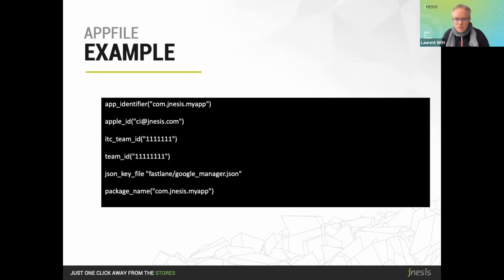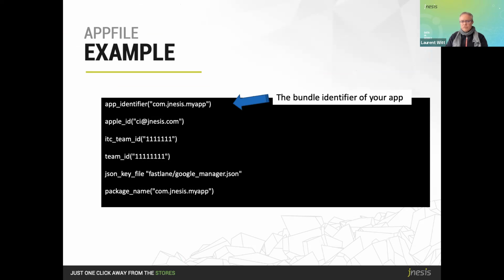I suggest we now go through a very basic app file configuration file. As you can see, there are a few basic steps to help Fastlane figure out the task you want it to perform. First, you have to write down the bundle identifier of your app. In our example, it's com.genesis.myapp.